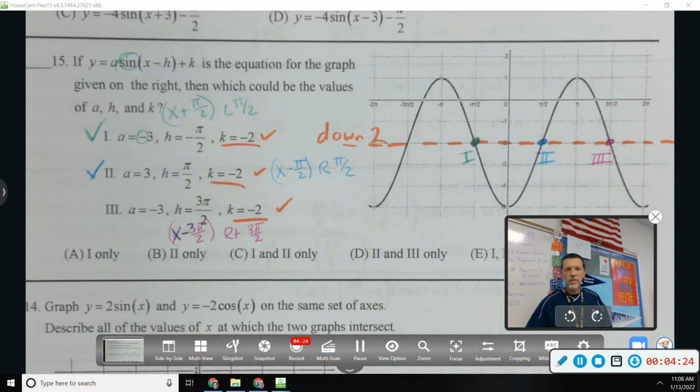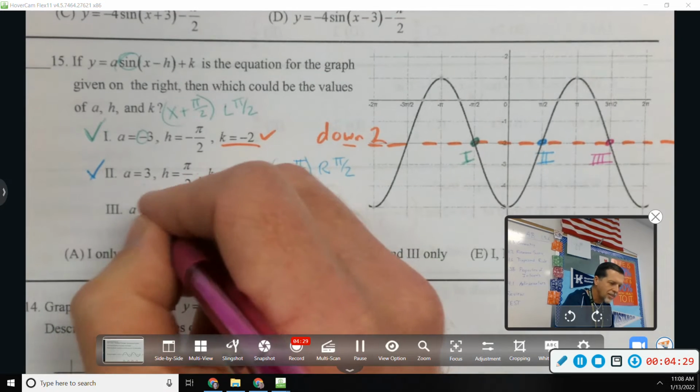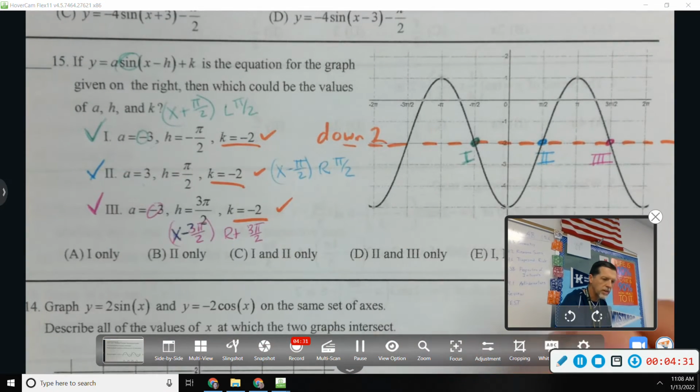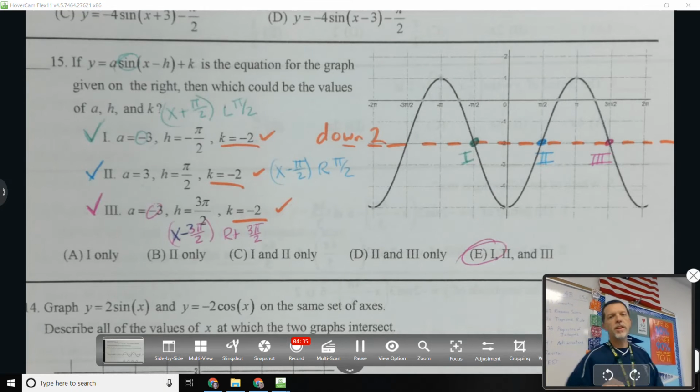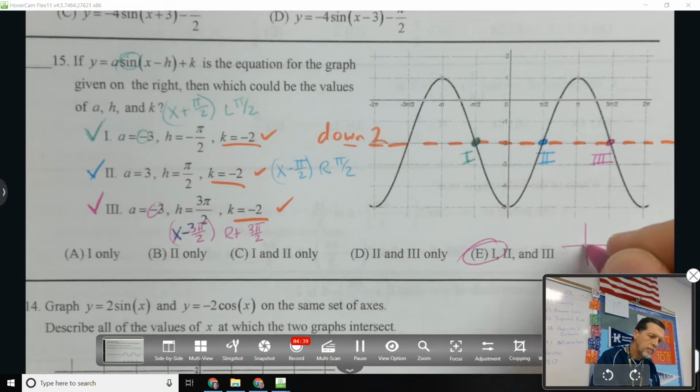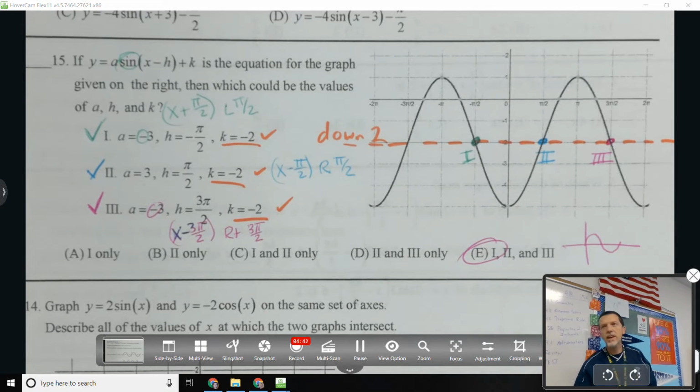So that works as a sine wave if it's been flipped. And it has, so all 3 of those are good. So that's a good question. That's a good review of what a sine wave looks like, shifting it left and right, also flipping it over.